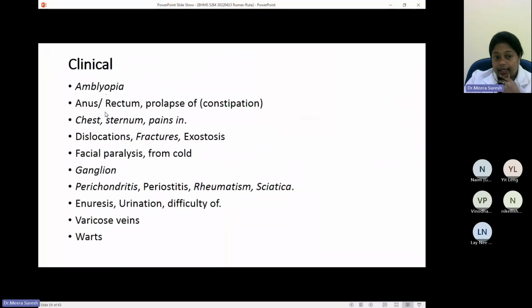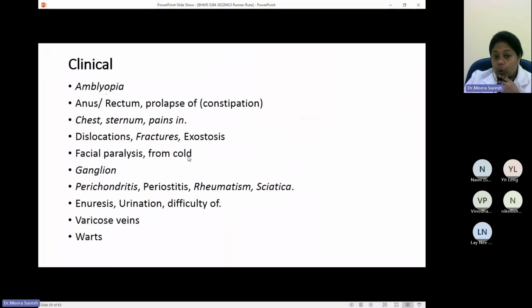And anal and rectum prolapse condition because of constipation, that's also another important one. There can be pain in the chest and sternal region, so a comparison with Ranunculus bulbosus or Rhododendron may also come over here. There can be dislocation, fracture, and exostosis.